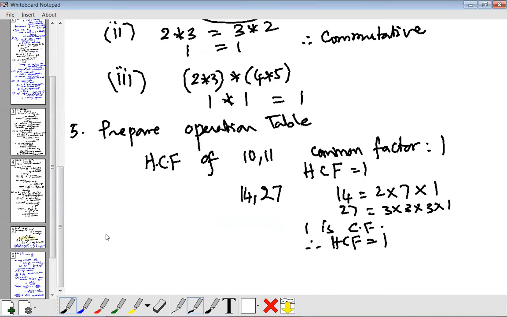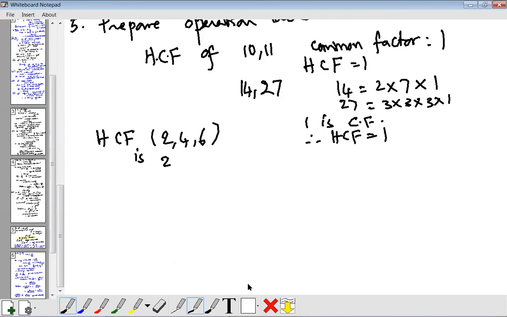Okay. So let's look at the HCF of 2, 4, 6, which is 2. The highest common factor is 2 in this case. So like that we do. Now I am making the table for this. You also make a table.